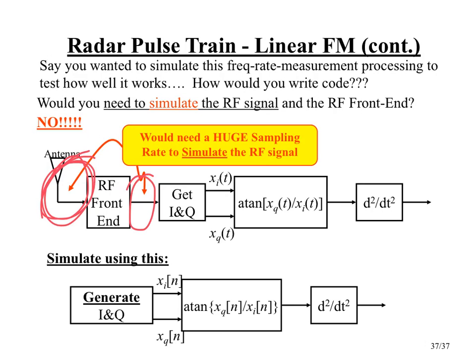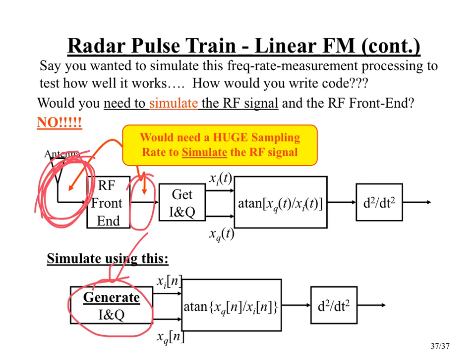With these ideas, all we really need to do is simulate the I and Q terms that we're going to get. So these things just look like low pass signals that are centered at DC and have appropriate sampling rates, which are much smaller than the sampling rate that would be needed to actually sample the RF signal.